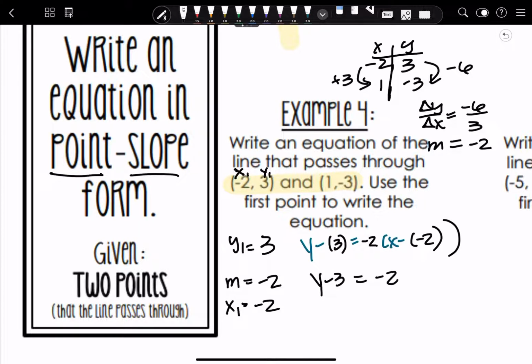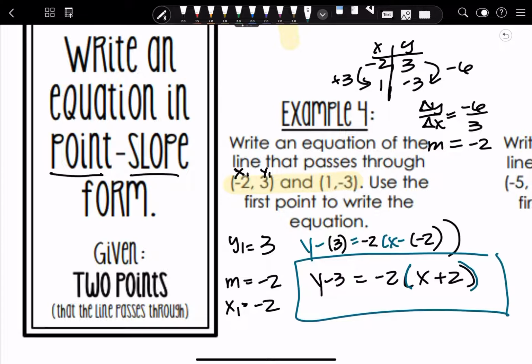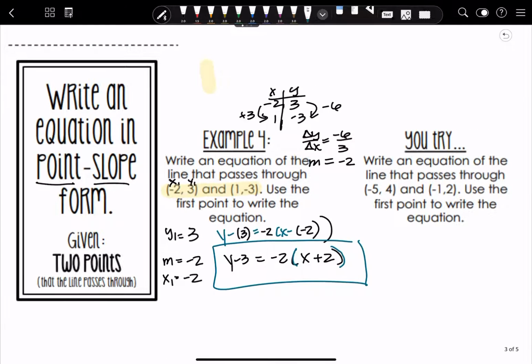Once you're simplifying it, the only thing that should be left is this final parentheses right here. This one. And that would be your answer in point slope form. I am going to have you do this one. You are to submit your work for this online when you are done.